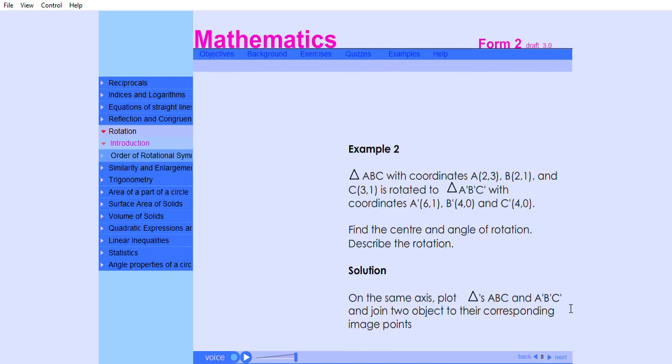Example 2. Triangle ABC with coordinates A(2, 3), B(2, 1) and C(3, 1) is rotated to triangle A1B1C1 with coordinates A1(6, 1), B1(4, 0) and C1(4, 0).